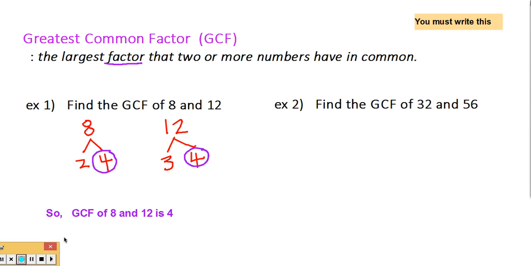Okay, let's look at the next example. Find the greatest common factor of 32 and 56. So let's start with 32.